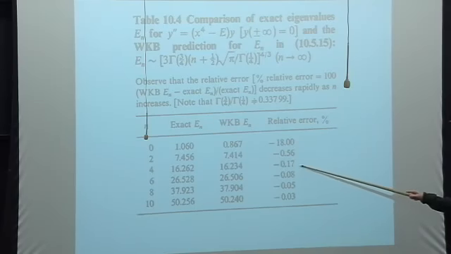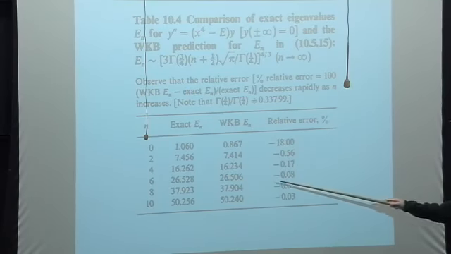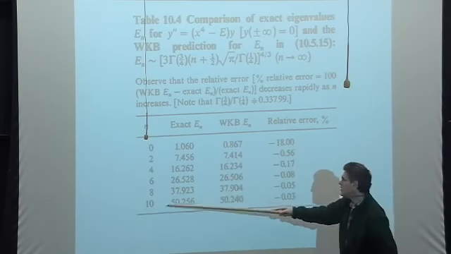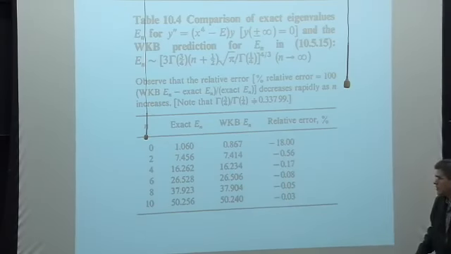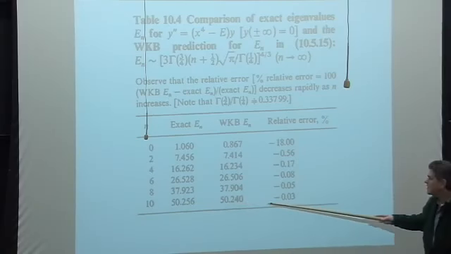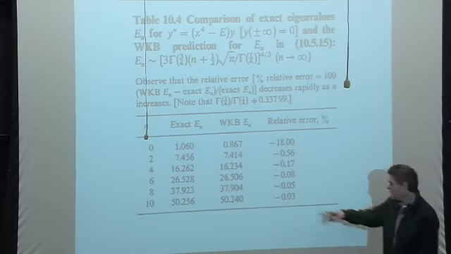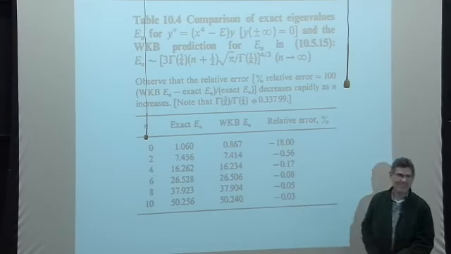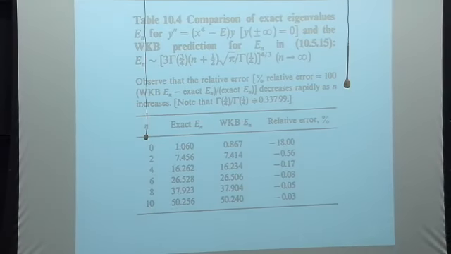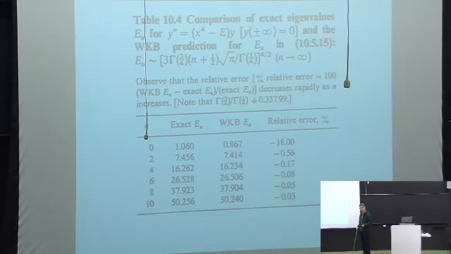Okay? 0.17% off. And you can see as n gets bigger and bigger, the exact eigenvalues and the WKB eigenvalues become very close. When n is as large as 10, the error is 3% of 1%. Okay? That's really small. And this is just physical optics.